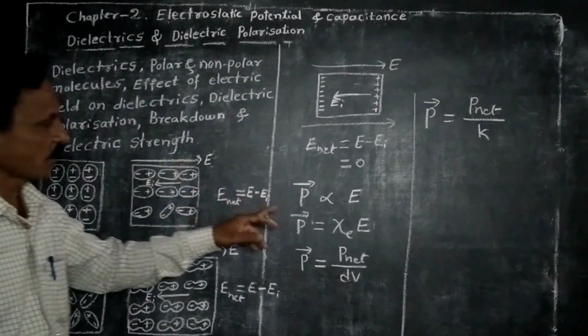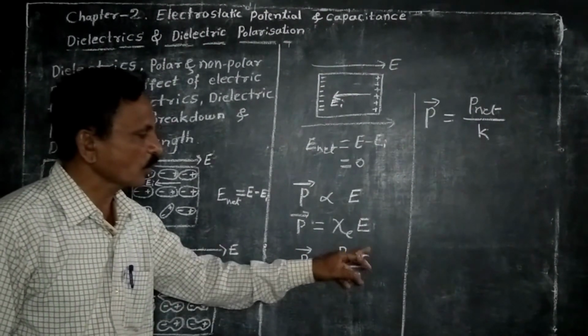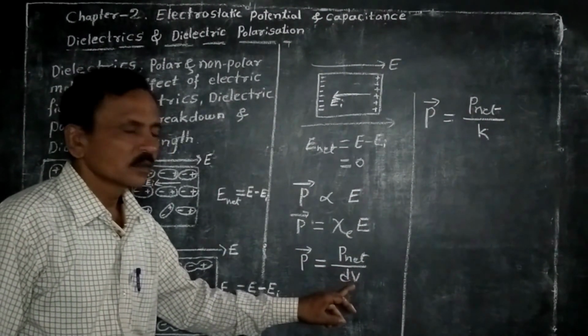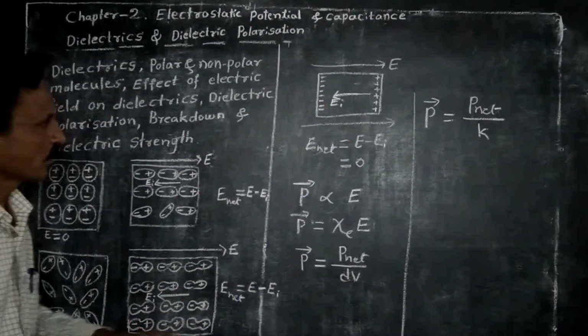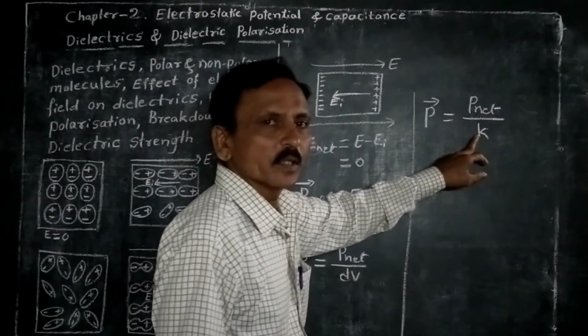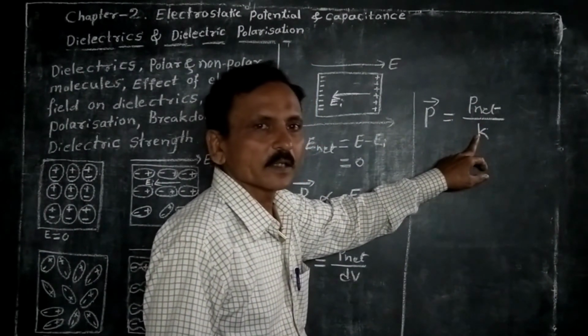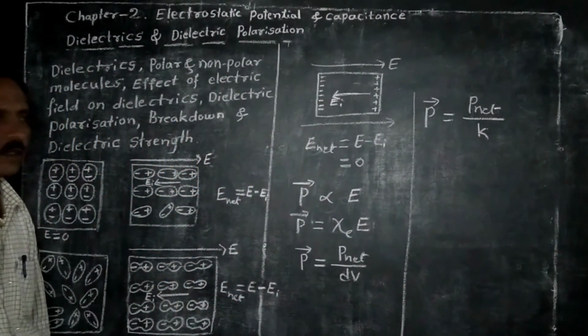It is the net dipole moment per unit volume, or the net dipole moment per unit dielectric constant.